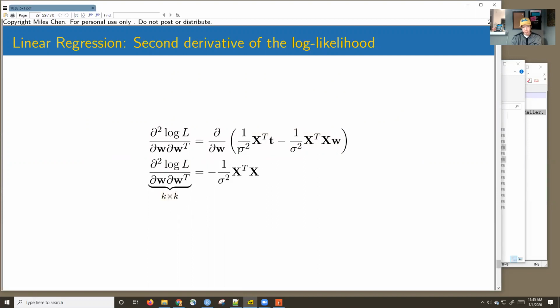With respect to w, this first term is a constant and drops out to 0. Over here there's a w, so with respect to w, it's going to be negative 1 over sigma squared x transpose x. So this is the Hessian matrix of the log likelihood, the Jacobian matrix of the gradient vector, and that's going to be negative 1 over sigma squared x transpose x.